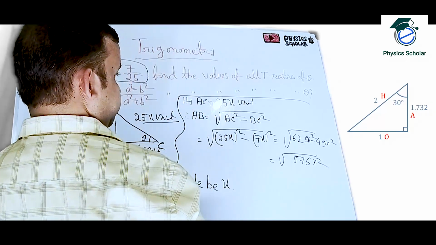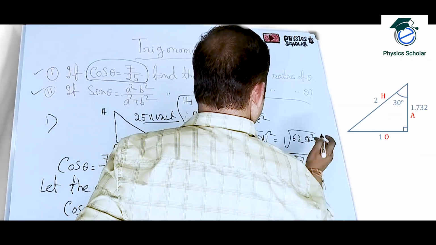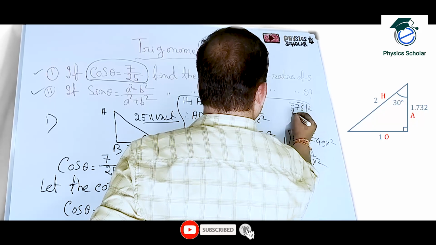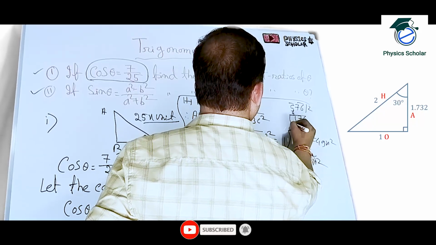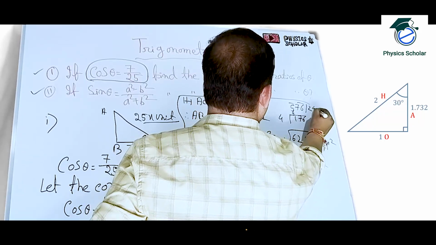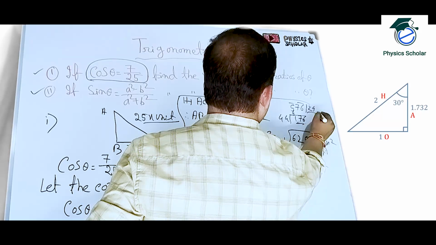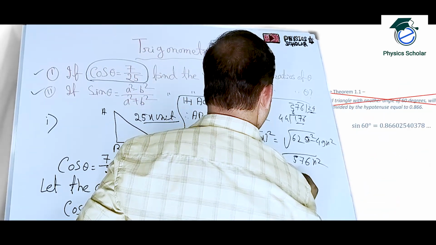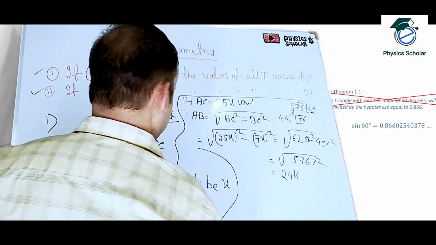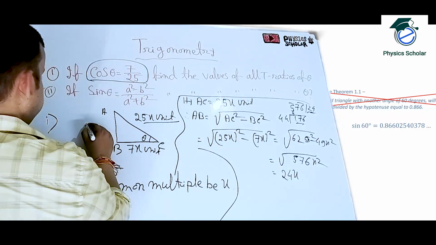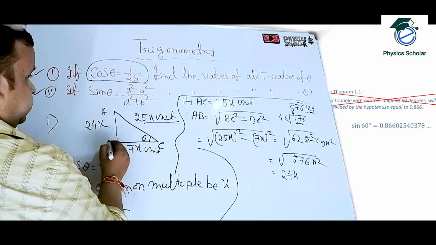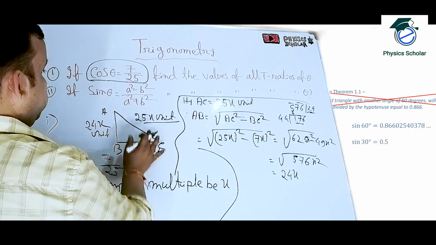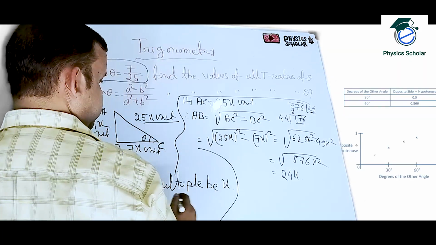Now 576, we have to do the square root. So it will be 24. So 24x. Now we know the three things, 24x unit. So now we know the length of the three sides.